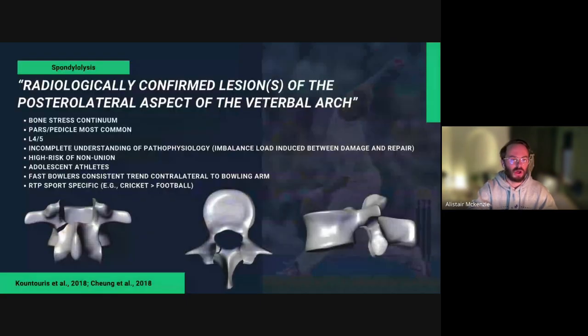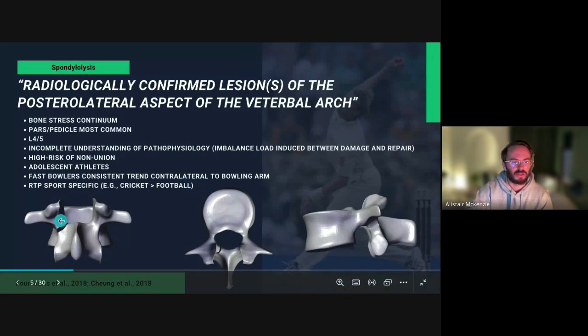Now, spondylolysis is an umbrella term that incorporates a lumbar bone stress injury, and it refers to a fracture through the pars element, this neural arch of the vertebral body. So you have your pars here in between the superior facet and the inferior facets of your lumbar spine predominantly.